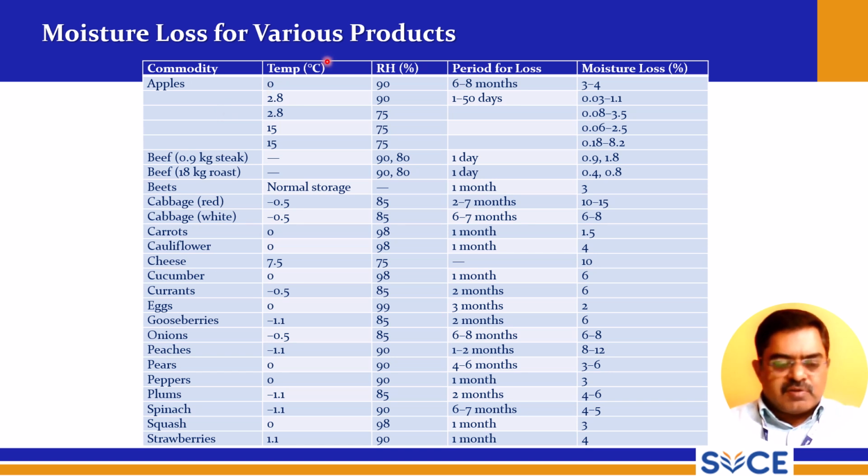So this is 6 to 8 months for apples at 0 degrees temperature, and at 2.8 degrees Celsius the relative humidity is 90, and 1 to 50 days. So that is the period for loss. Moisture loss is given in the last column. So these are the different commodities, and for them we see how temperature, relative humidity, and period for loss affect moisture loss.